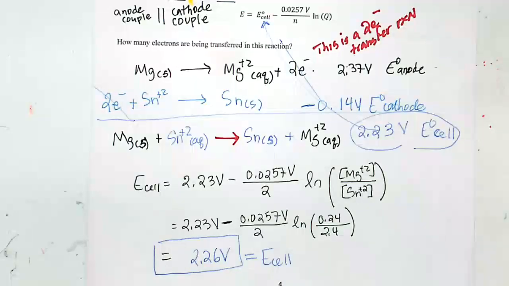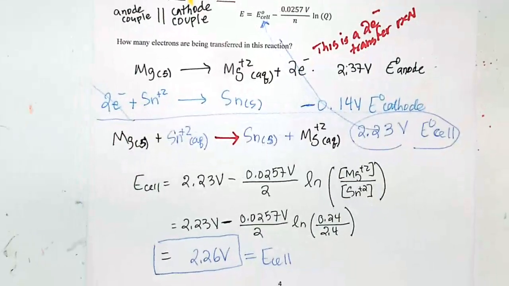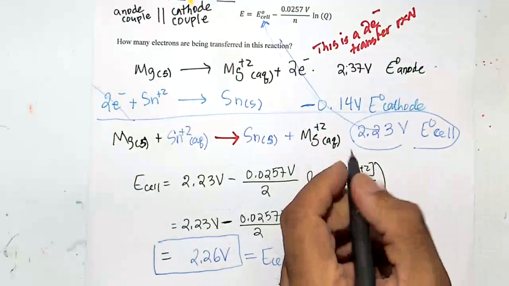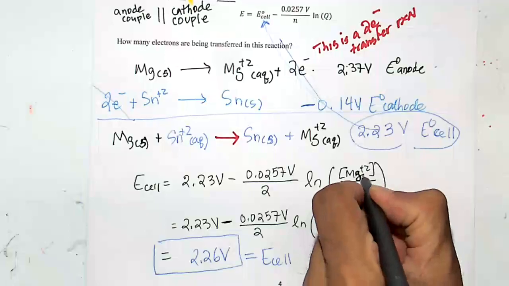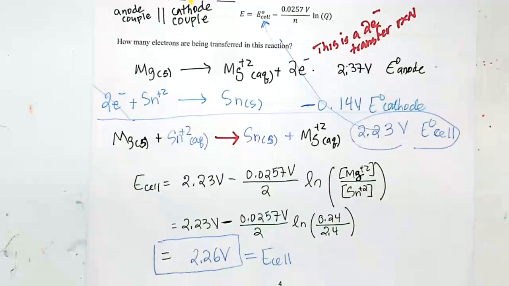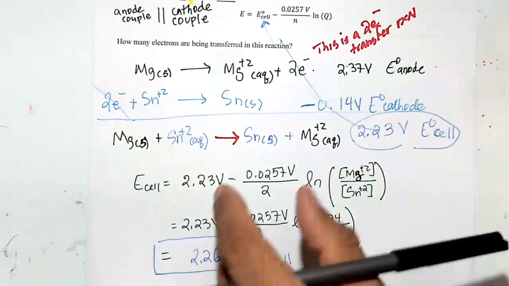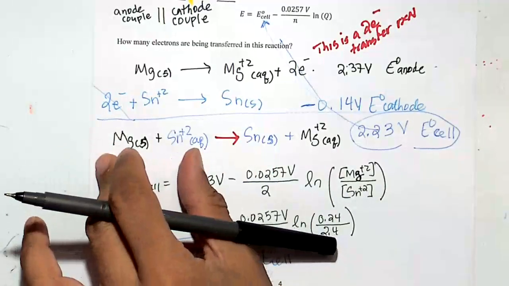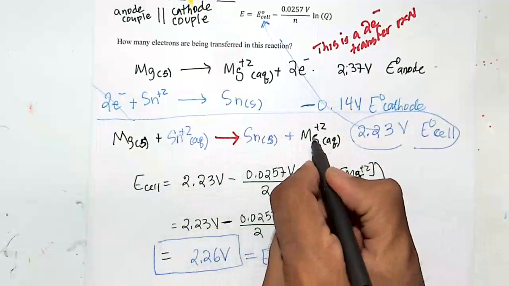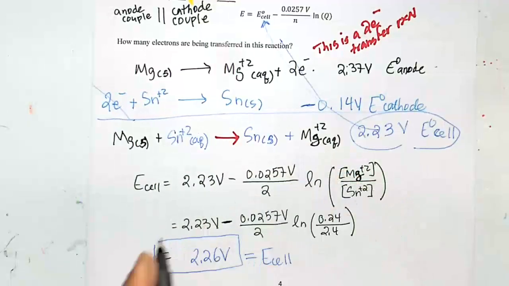Go ahead, you have a question? So for Q, I know that it's products over reactants, right? Yep. So why does magnesium go as a product? How can you tell it's a product? These are the reactants and these are the products.